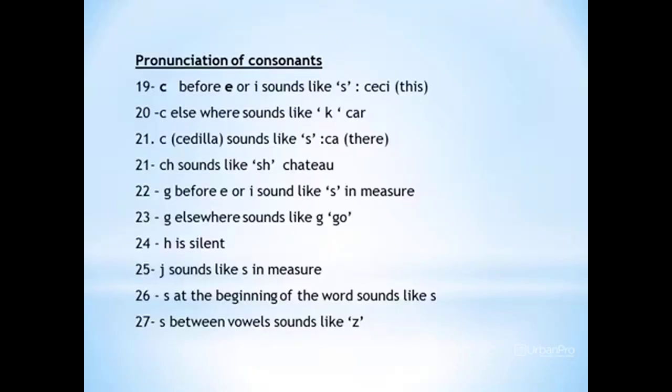The 22nd, G before E or I, sounds like the S in "measure". It is a sound between E and another letter, as in "measure", and "je". The 23rd G is a simple G, as in "go". The H is silent, so we don't use H that much.